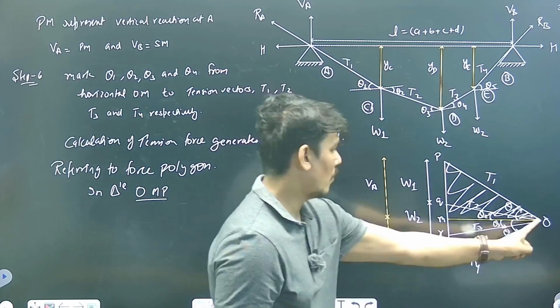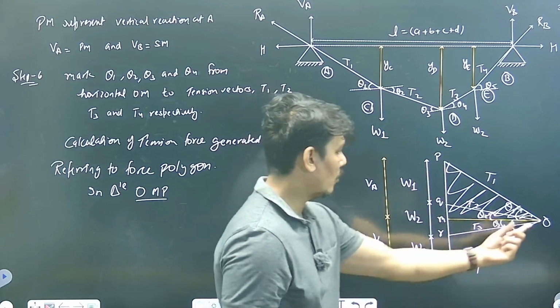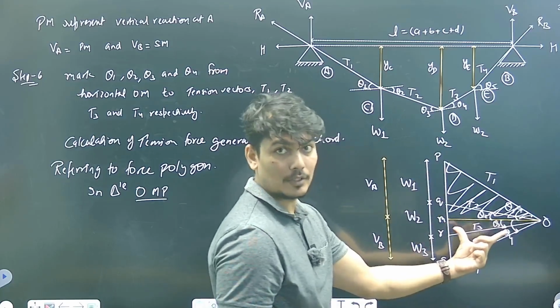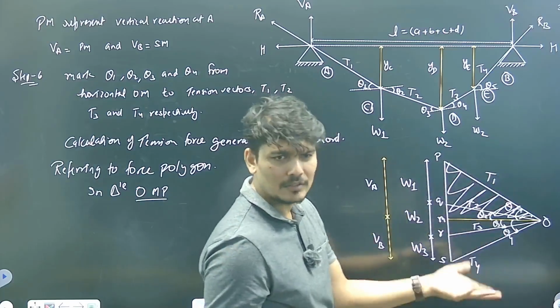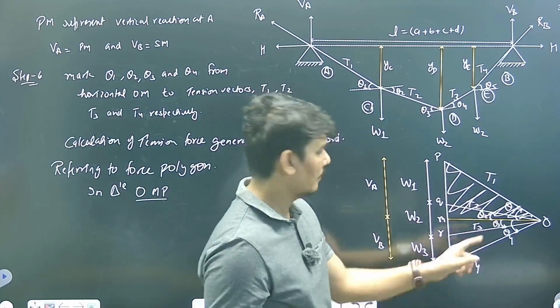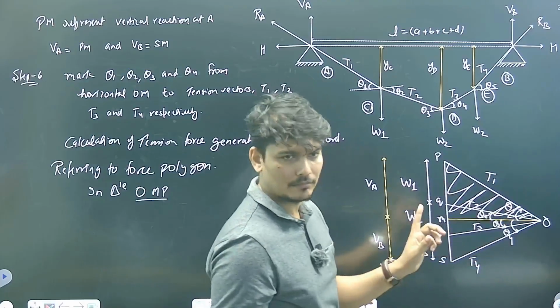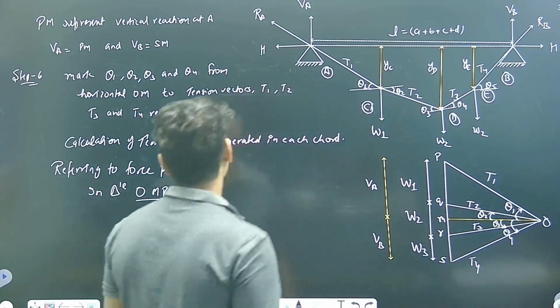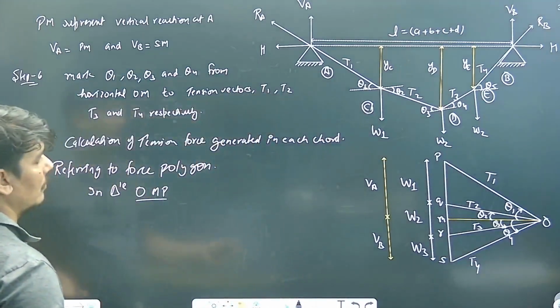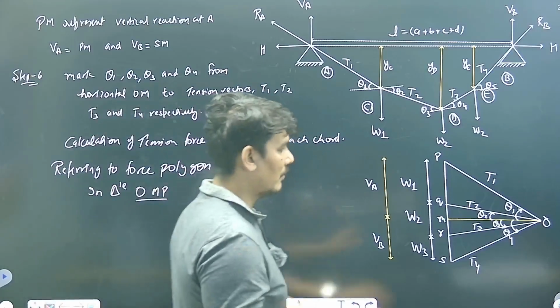Got it? Here OM is the base. That is horizontal thrust, already known. What is T1? We don't know. That is the unknown parameter. I have to calculate. But I know theta 1, right? Sir, we don't know theta 1. How will we find theta 1? I don't know. Okay. You don't know theta 1?